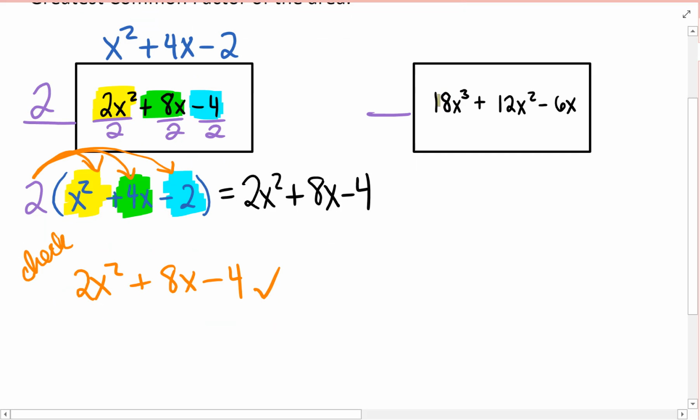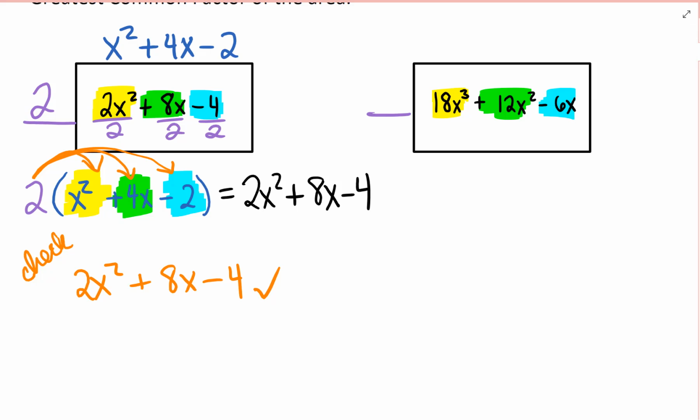In our second example, we have 18x cubed, positive 12x squared, negative 6x. First, I'm going to look at the x's. Do we have an x in common with all 3 terms? We have x times x times x. This term has x times x, and this term has x attached.